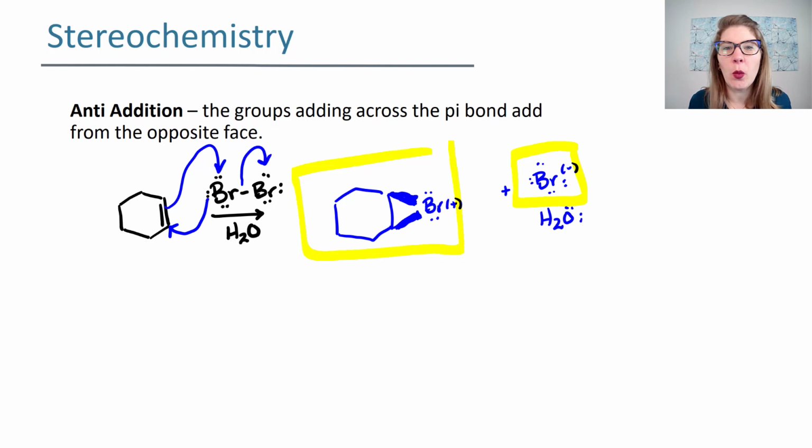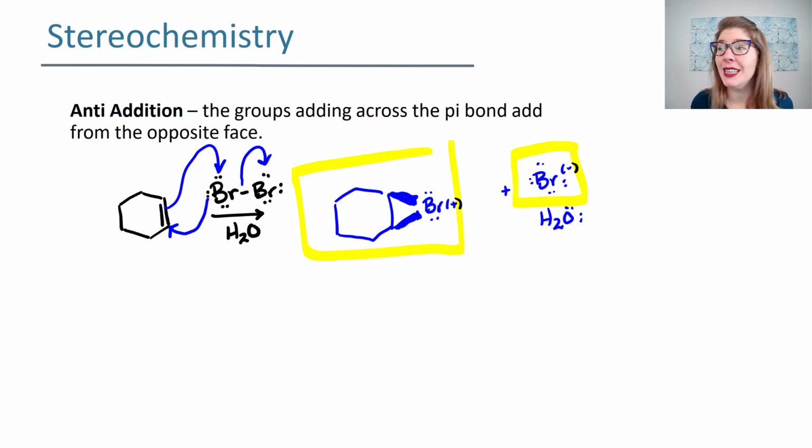Whereas when you add water, remember that 1 liter of water contains 55 moles of water molecules. So in 1 liter of water, you have 55 times 6.022 times 10 to the 23rd molecules of water. That's a lot of water. Now, I'm not saying you have a liter of water here, but even if you have a small amount of water, you actually have an incredible amount of water molecules. So it's just more probable that your water is going to behave as your nucleophile.